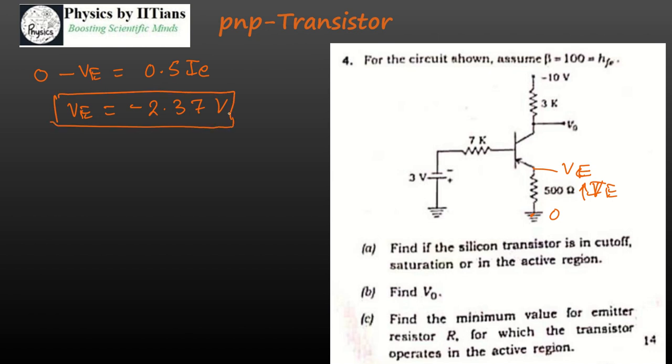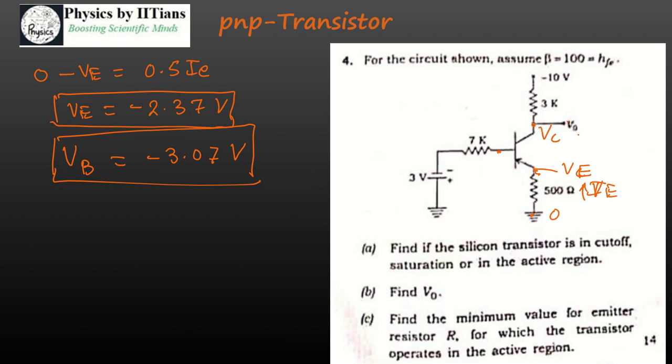On a similar note, we know the potential difference between the base and the emitter, that is 0.7. So that means the base voltage using that expression will be negative 3.07 volts. Just subtract 0.7 from this, you will get the base voltage. Then the last part of this question is, what is this voltage VC?